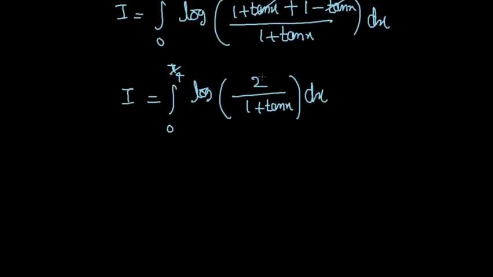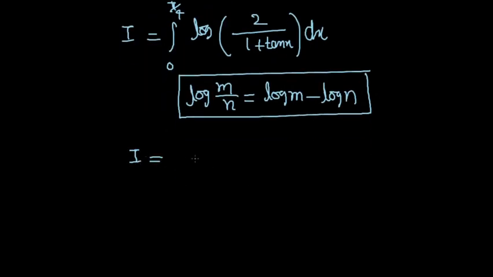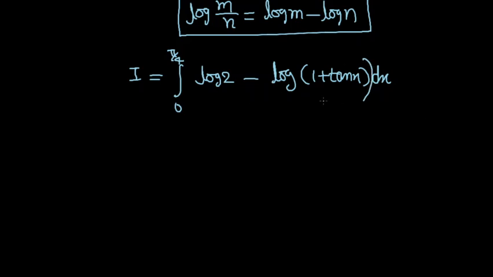Log m by n formula is log m minus log n. So I is equal to 0 to pi by 4 log 2 minus log 1 plus tan x dx. Separate the integration.